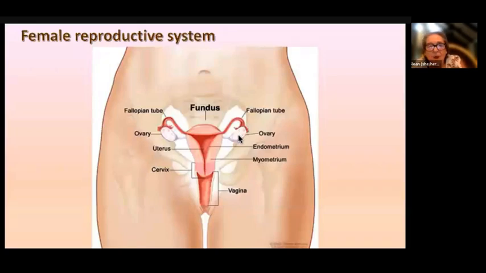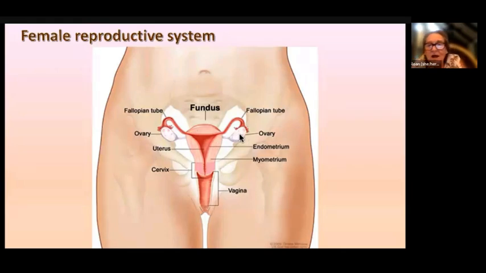Each ovary is about the size of an almond, and the ovary has many different compartments called follicles, and that's where the egg is before it matures.